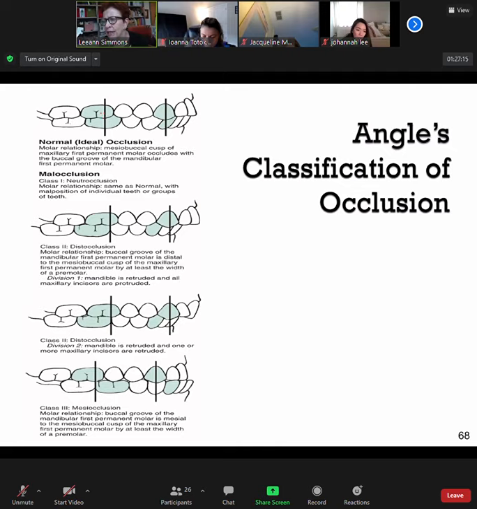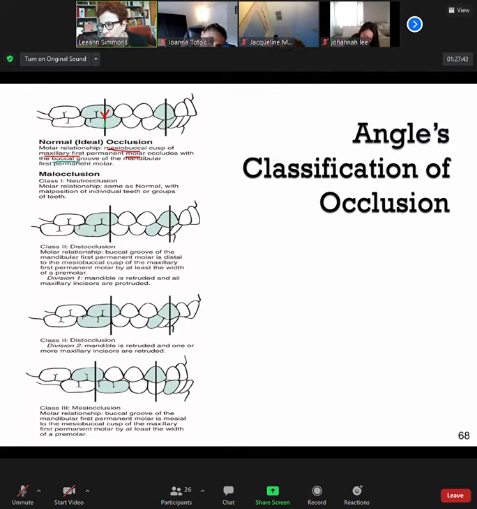So again, the stationary landmark is the mesiobuccal cusp of the maxillary first molar. And it should line up with the buccal groove or mesiobuccal groove of the lower first molar.